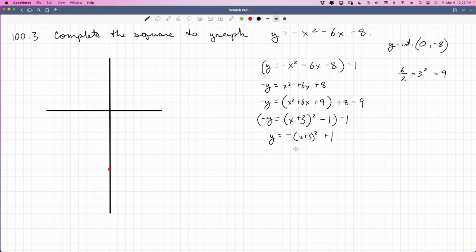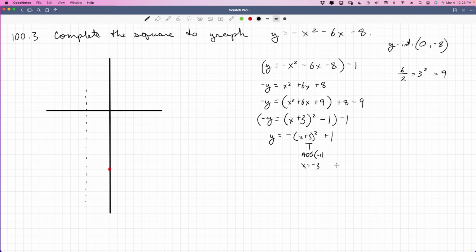So now we know that the parabola is going to open downward. We know that our AOS, or axis of symmetry, is x equals -3. So we can go ahead, 1, 2, 3. We can do this right here. There's our axis of symmetry.